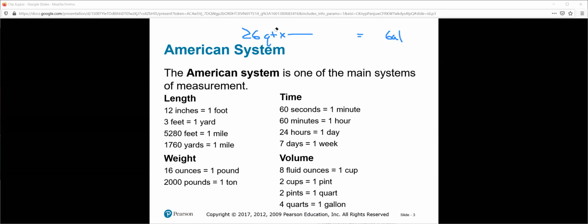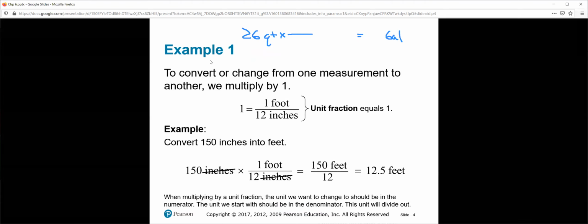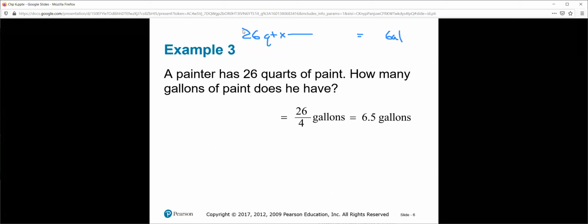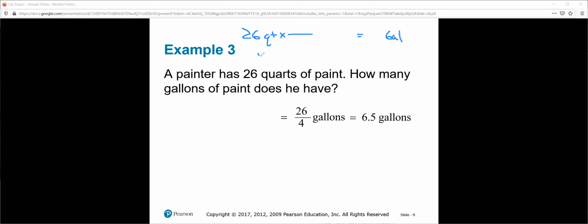I do have a straight conversion, so 4 quarts equals 1 gallon. Cool. I'm going to skip a step here and notice, hey, I have gallons in the numerator, and I have quarts in the denominator, which means I need to have gallons in the numerator and quarts in the denominator.